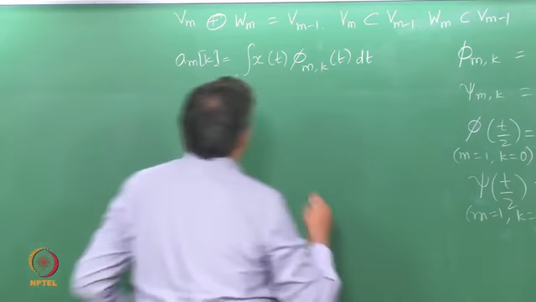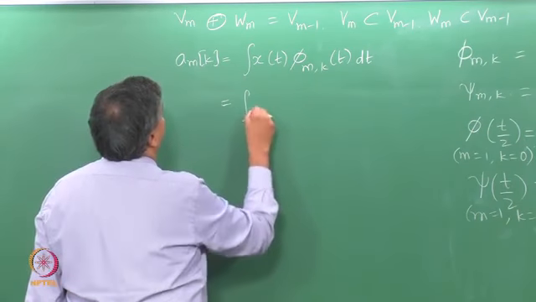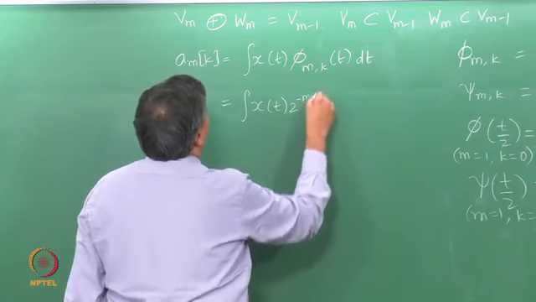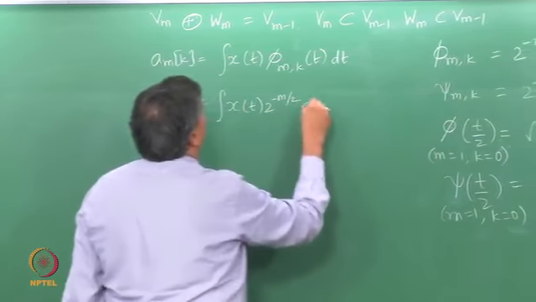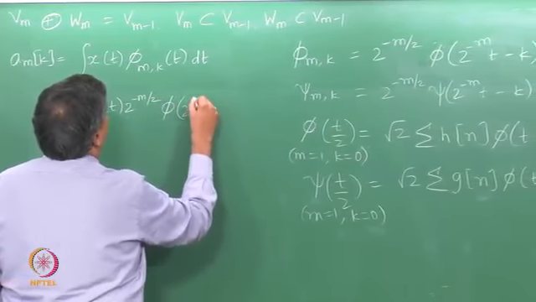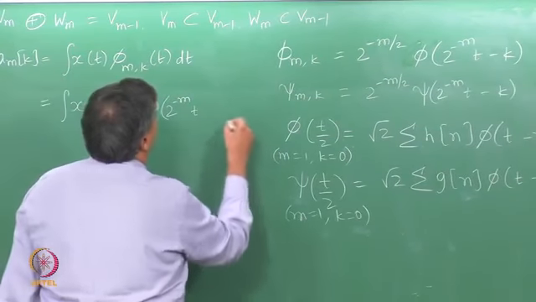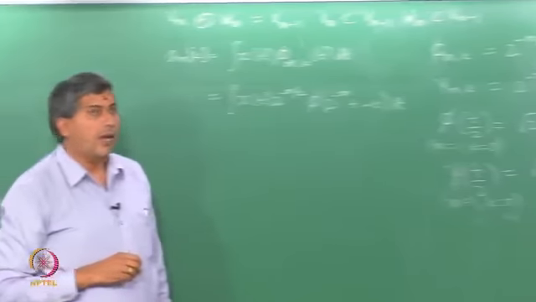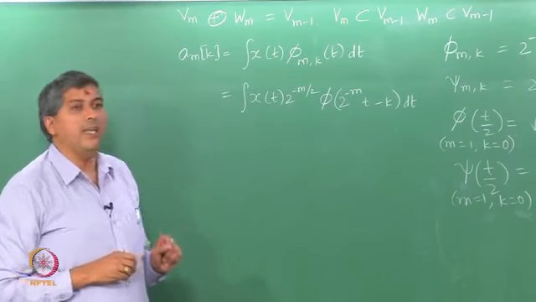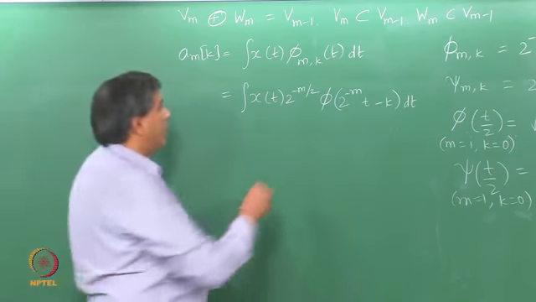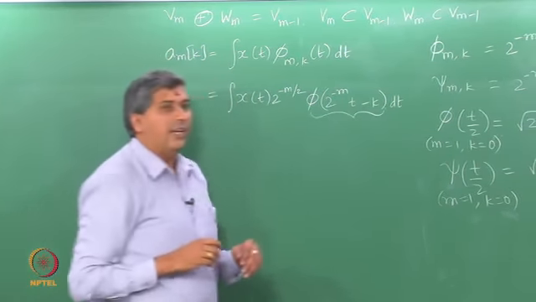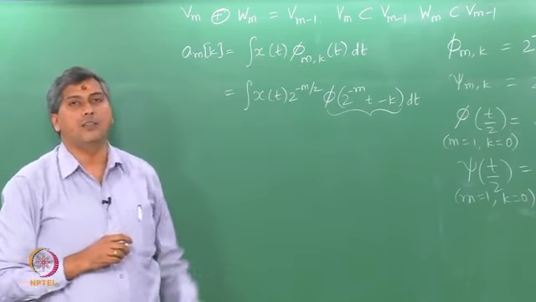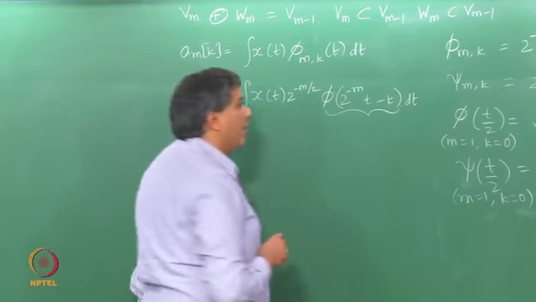I expand phi of m comma k, which is 2 to the minus m by 2, I know this already here, phi of 2 to the minus m t minus k dt. And at this point I bring in equation 18, which tells me how this term is related to the basis functions for scale level m minus 1, right.